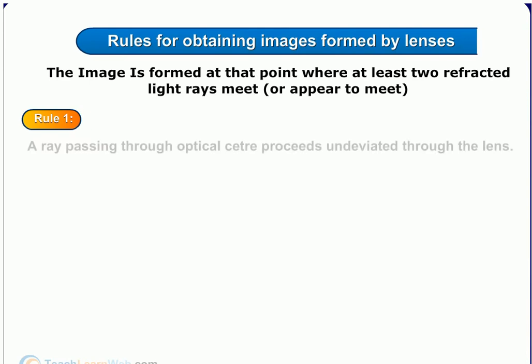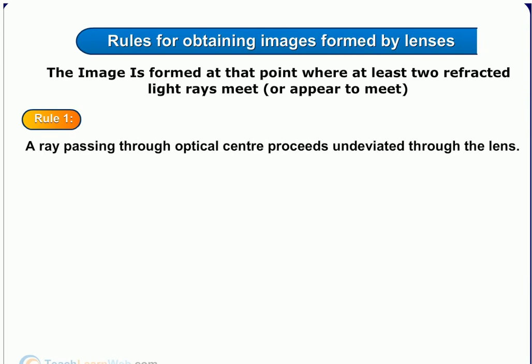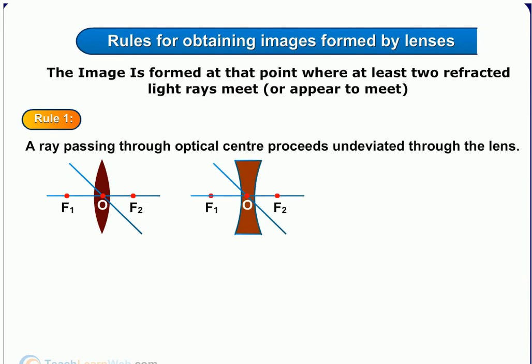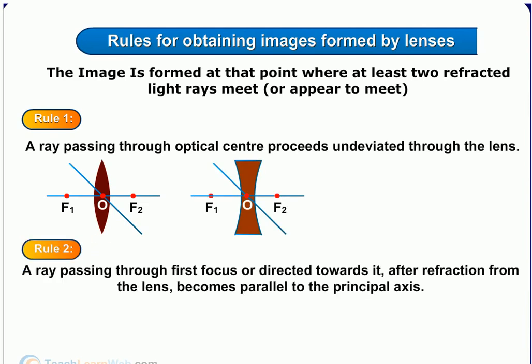Rules for obtaining images formed by lenses. The image is formed at that point where at least two refracted light rays meet or appear to meet. Rule 1. A ray passing through optical center proceeds undeviated through the lens. Rule 2.